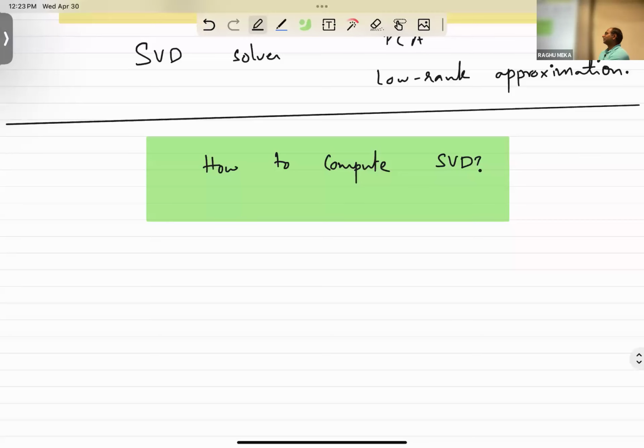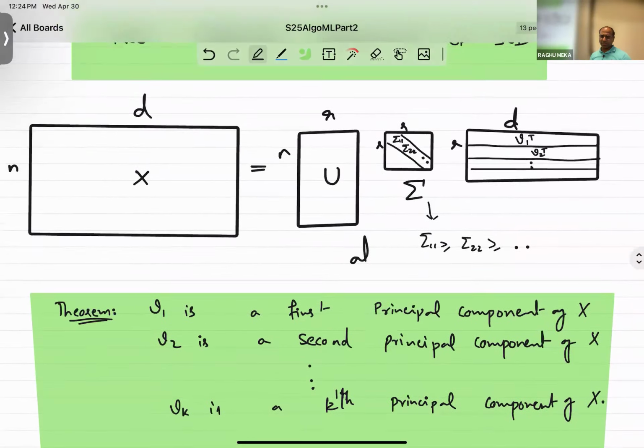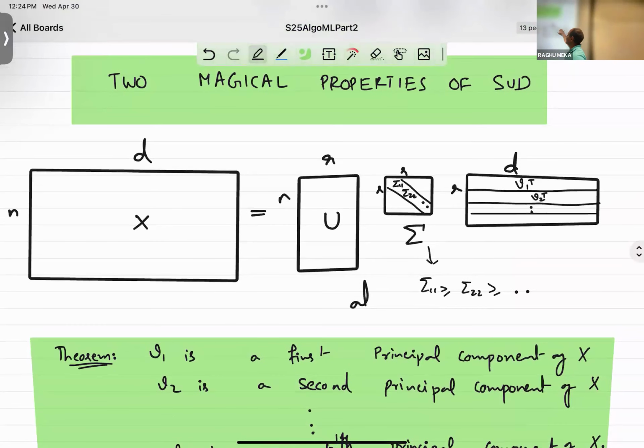And there are different ways to compute SVD. But to start with, let's see how we can compute just the first principal component. How can I compute this V1, sigma 1, and maybe the first column here, right?